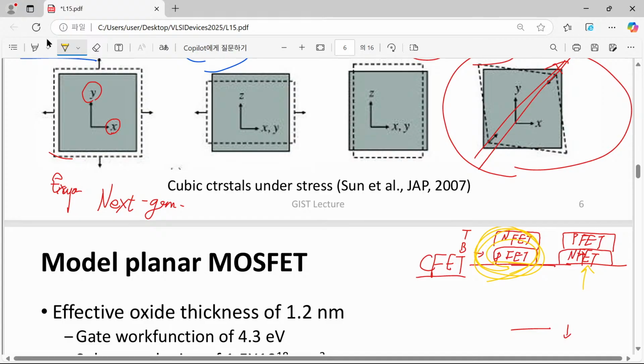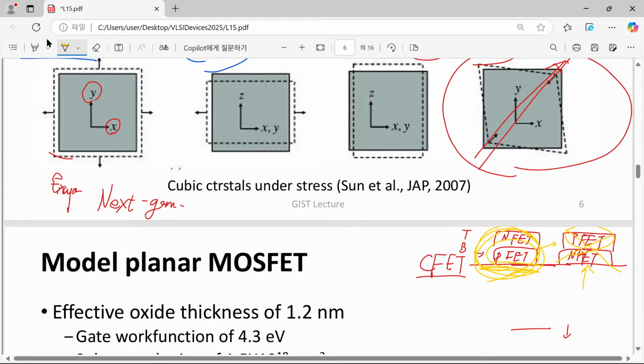However, if we switch to this architecture, P-FET is located in the top tier, and there is no sufficient way to apply sufficiently high strain to our P-FET. So PMOSFET performance dropped drastically, so we cannot get any performance gain out of this structure. That's the reason why everybody says that P-FET is located at the bottom and N-FET is located on top.